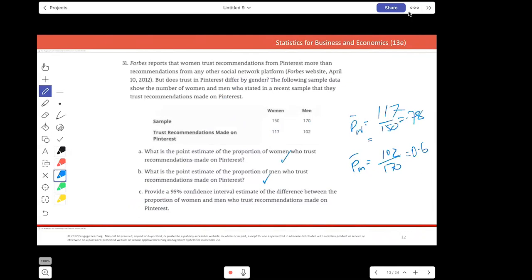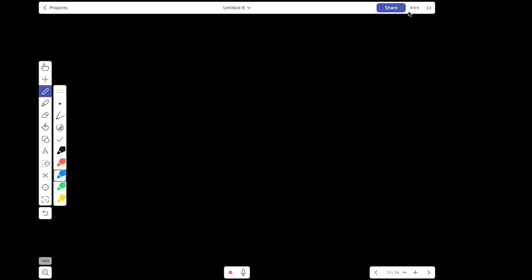Now if we want to find a 95% confidence interval for the difference between the proportion of women and men who trust recommendations on Pinterest, all we need to do is use our formula. So what was our formula again? The confidence interval would be P bar 1 minus P bar 2.